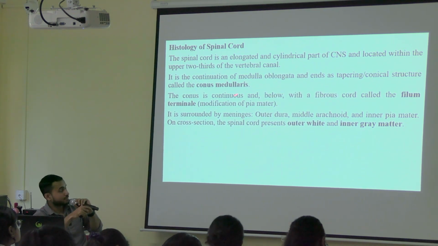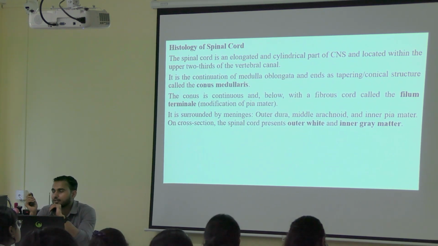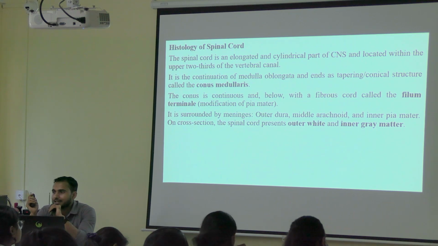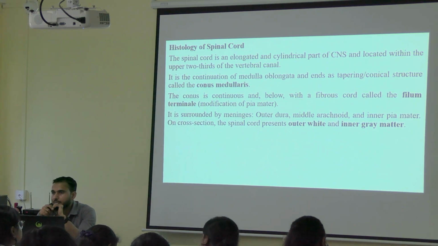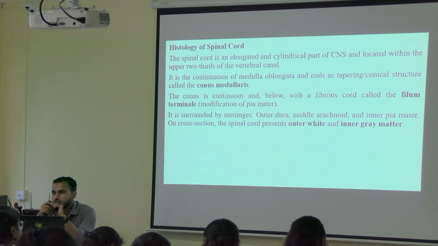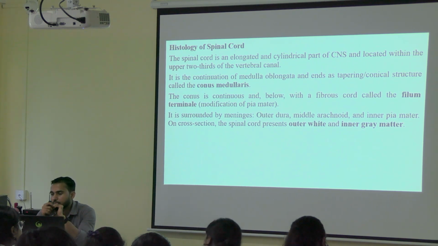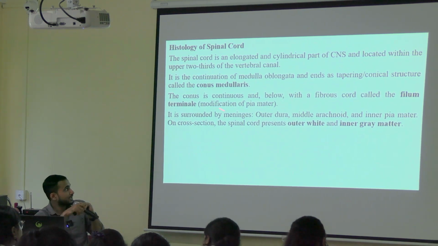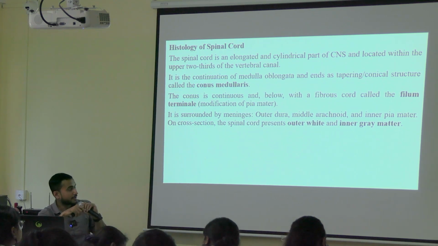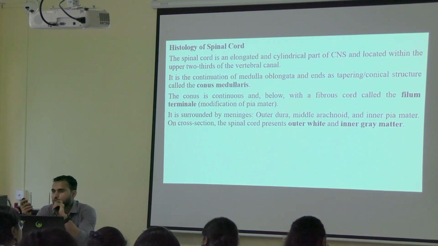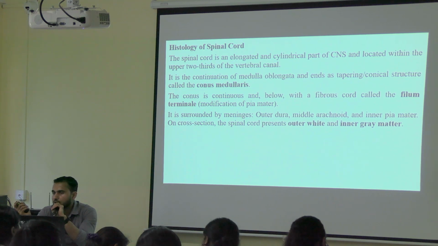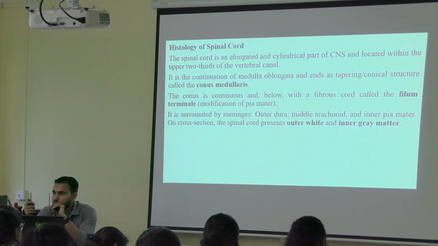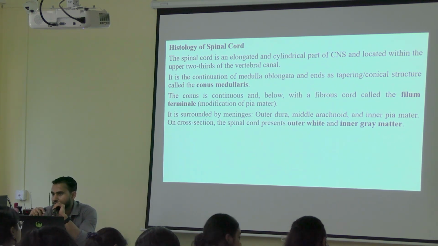From the terminal part, a thread-like structure extends downwards, which is a modification of the pia mater, and that is called the filum terminale. Though it is a part of the central nervous system, it is surrounded by meninges, that means all the layers of meninges are present.